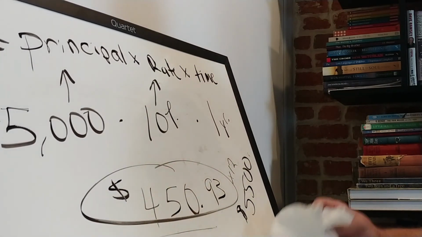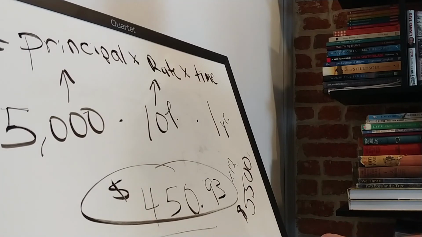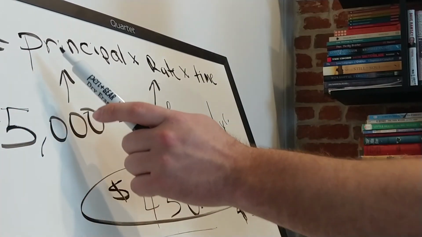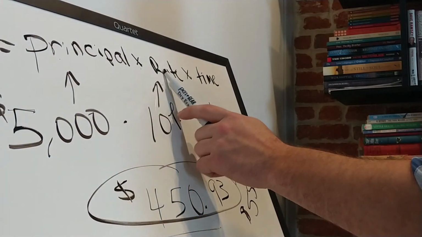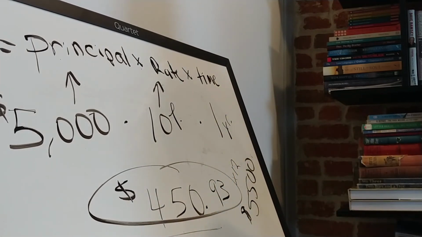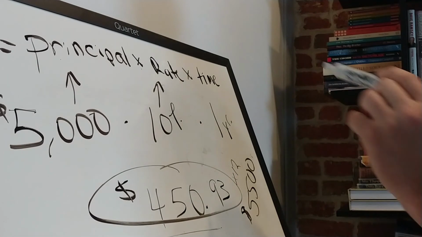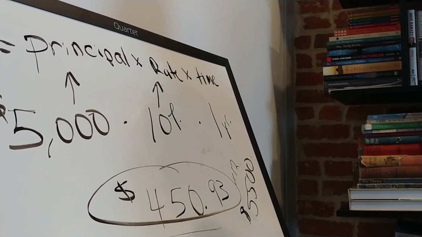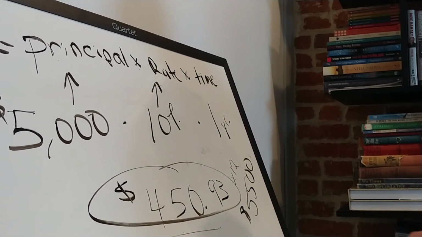So that's pretty much how simple interest works. To find your interest, you take your principal times your rate times the amount of time. If it's less than a year, you just take it times whatever part of a year it is.